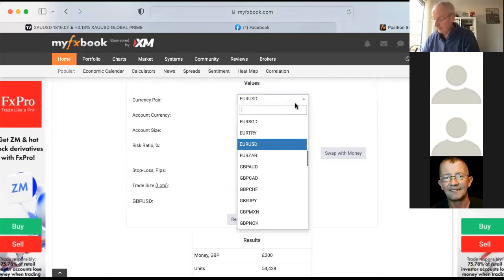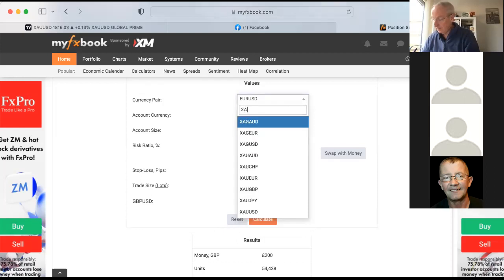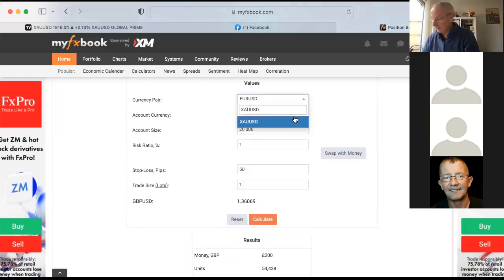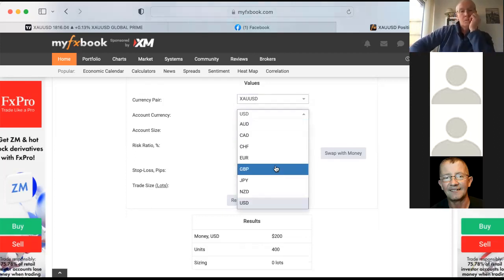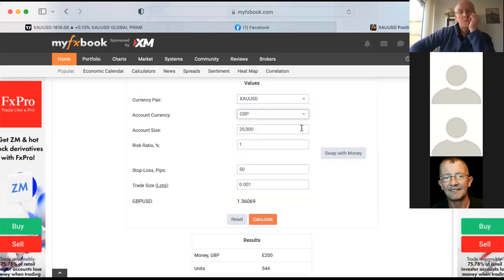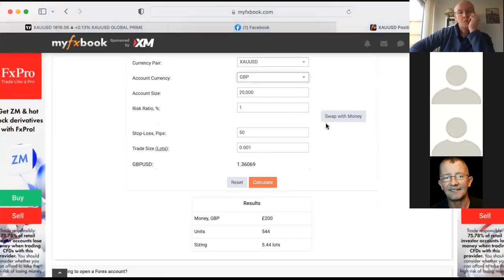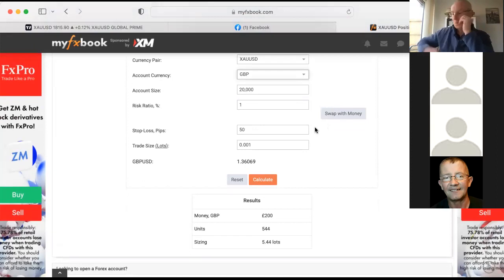So if you type in XAU USD, change it to British pounds, still 20,000 account size, still 1% risk, and still a 50 pip stop loss. This is the area we're getting confusion with.